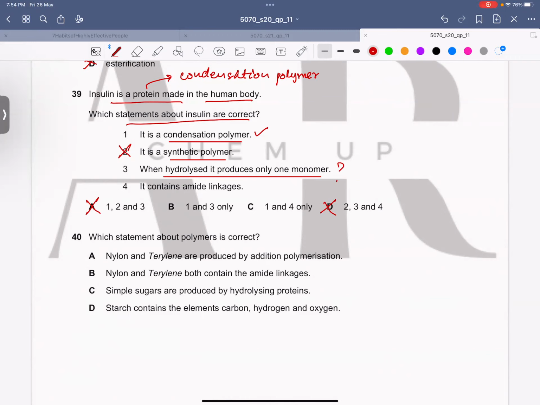No, this statement is wrong, because there are many different kinds of amino acids which join together to give you protein. So we are left with only option C, and C is the correct one. Is this clear to everyone? Umar, Hassan, Arish, Abdullah, and Duran. Yes, sir.